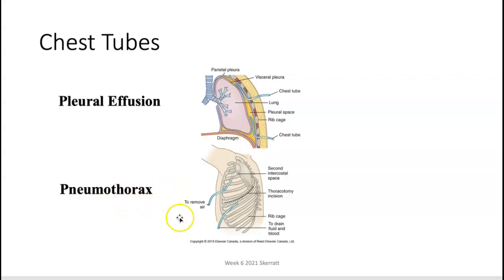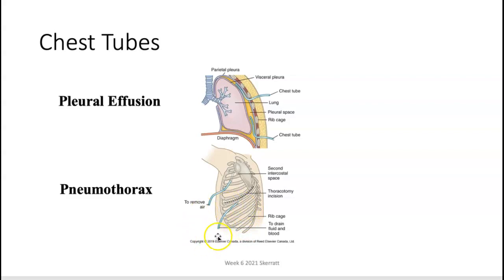And for a pneumothorax, it's dependent on which area of the lung is collapsed due to air. In this case, we have a chest tube inserted here because the upper part of the lung must have been collapsed. And then you've got another chest tube in here, which you typically don't have, two chest tubes in place for a pneumothorax and a pleural effusion.